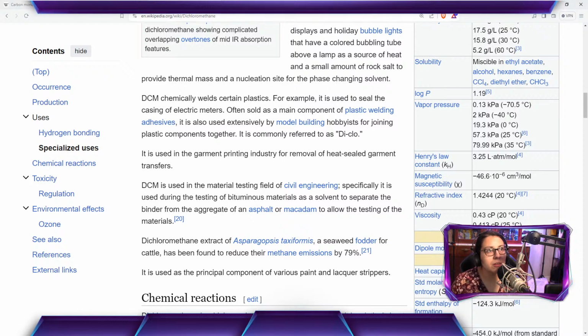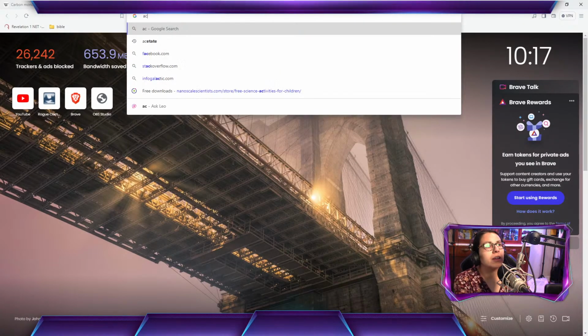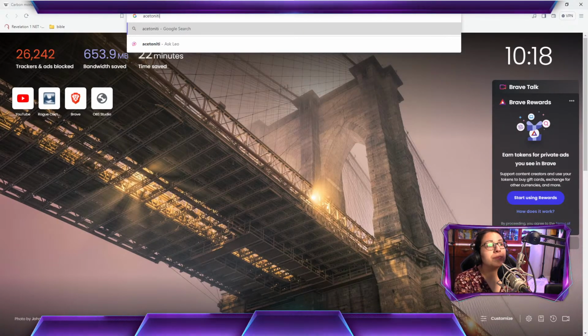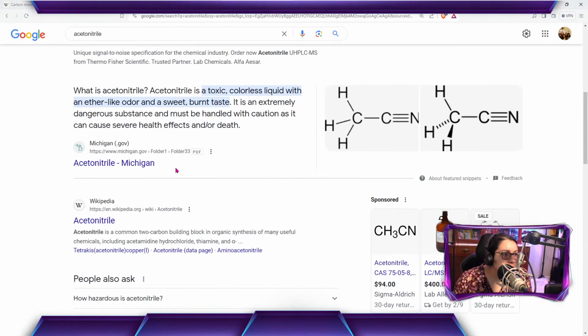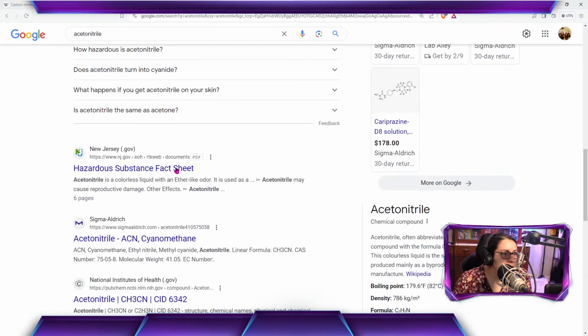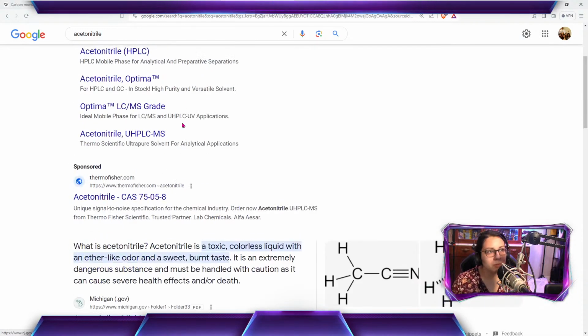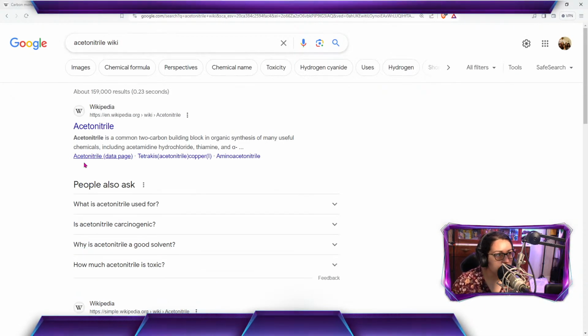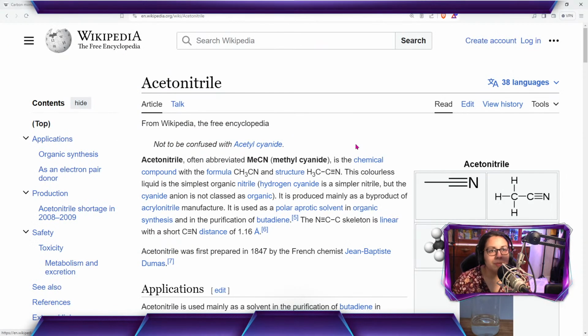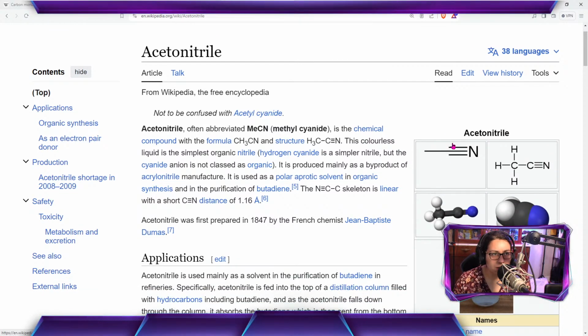And let me show you, just for reference, another one. So acetonitrile. Let me look for the Wikipedia page. So acetonitrile is fairly polar. And so acetonitrile has this nitrogen group just on one side, and then all this are carbons.